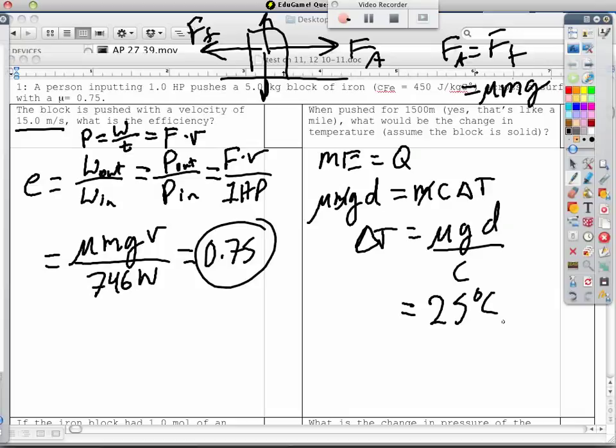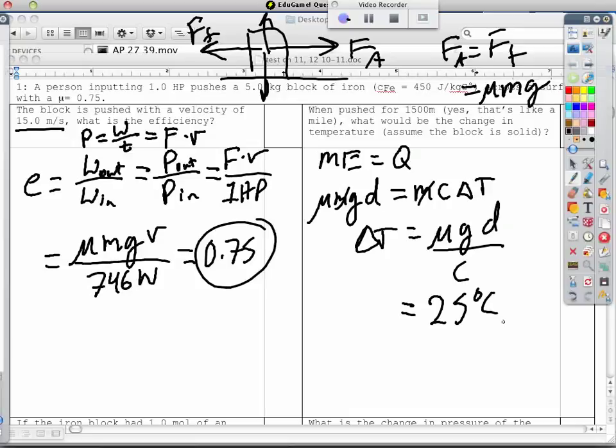So how did you get mechanical energy equals heat and then go down to mu mg? Because what was the mechanical energy? What was the force and the distance? What work was done on this block? Pushing it? Yeah. And that's mechanical energy? Yeah, because it's energy that you put in to move something. Okay. And that always equals heat?